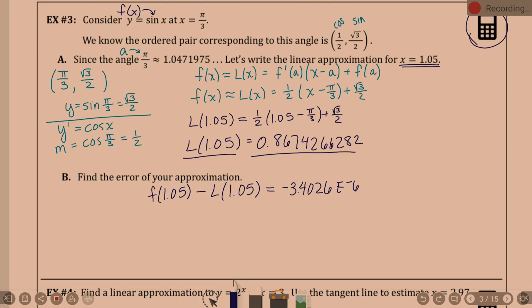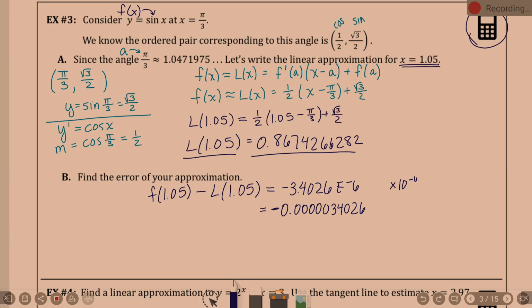Okay. So that's the same thing as saying times 10 to the negative 6. So if I write this out without the scientific notation, 5 zeros, right? So that's what that error is there, okay?